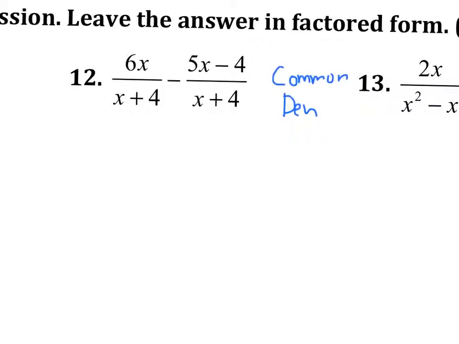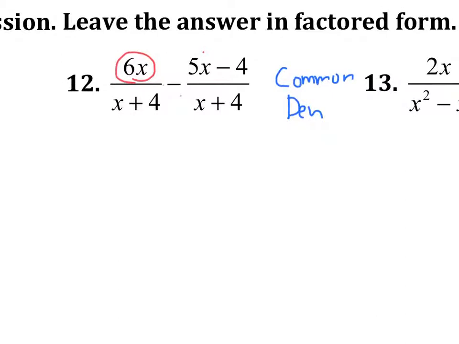Now notice number 12 already has a common denominator. That is the x plus 4's. So all I have to do is combine the common elements here. Notice that the negative has to distribute. So when I distribute that, it can look something like this.